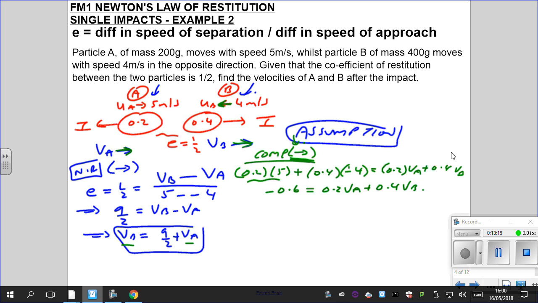I now need to sub in my VB. So I get -0.6 is 0.2 VA plus 0.4 times (9/2 plus VA). So if I rearrange for VA, again, I do the algebra quickly, because you should be stopping the tape and doing the algebra for yourself.